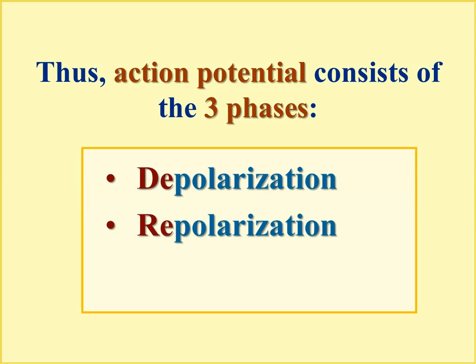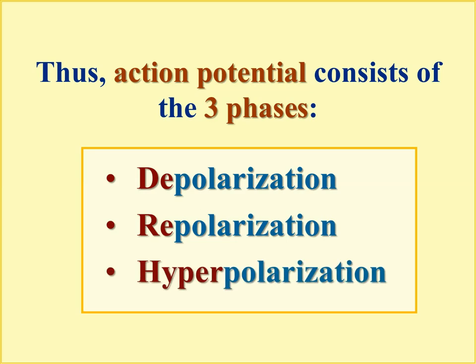But at this moment, potassium channels stay open, and due to this, additional loss of potassium from the cell results in hyperpolarization. So the total number of phases usually comes to 3. When we study the action potential of skeletal muscle cells, you will see that there is no hyperpolarization. But for neurons, usually there are 3 phases.